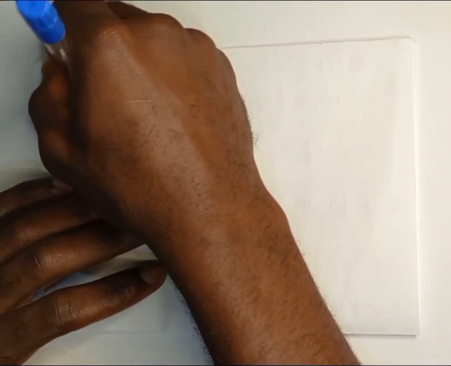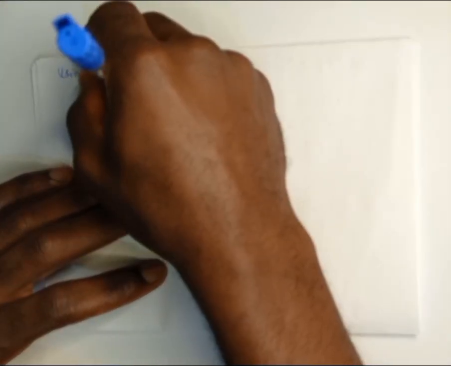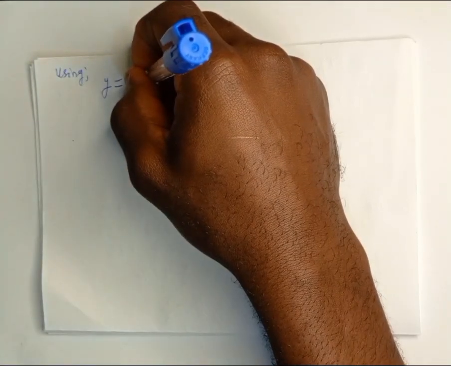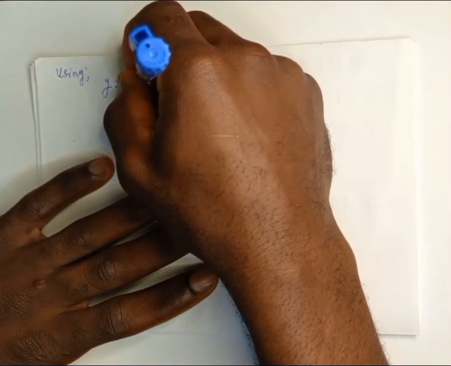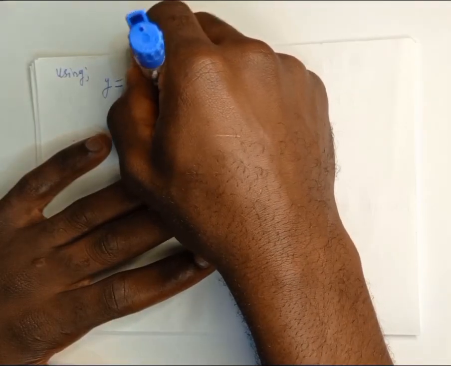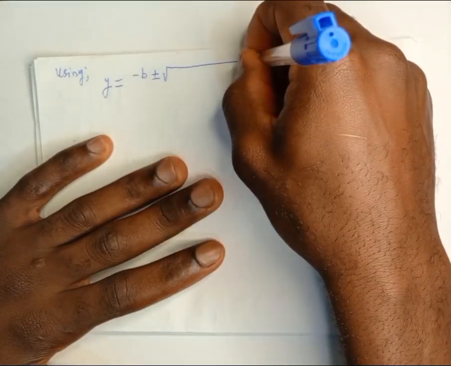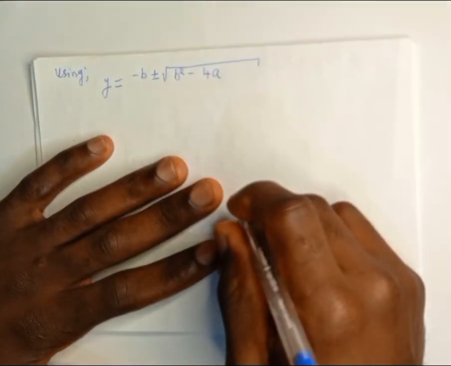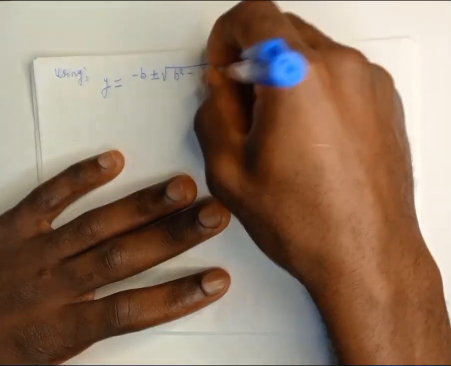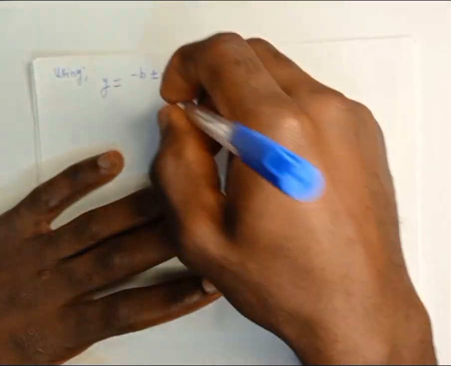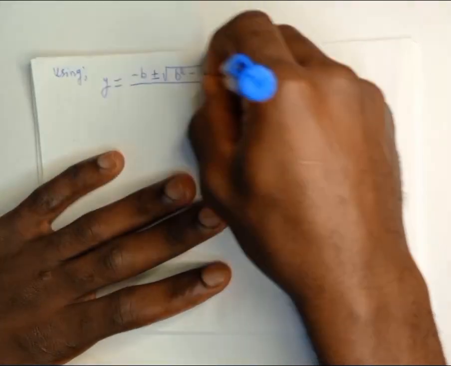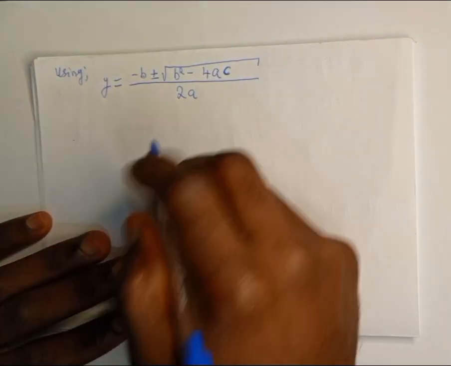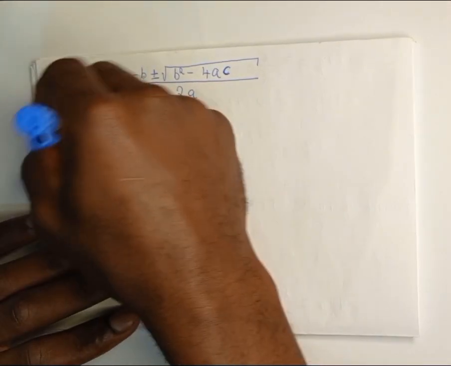Using the quadratic formula, y is equal to negative b, where b is the coefficient of y, plus or minus the square root of b squared minus 4ac, where a is the coefficient of y squared, c is the constant term, all divided by 2a.